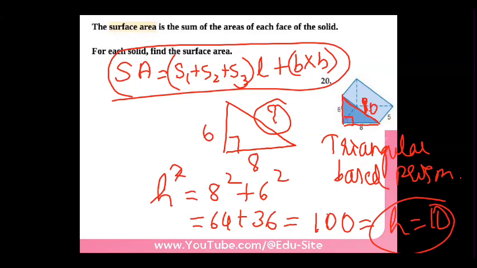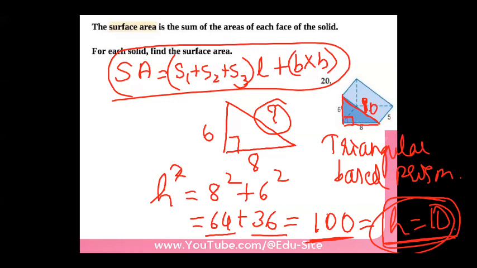What is 8 square plus 6 square? 8 square is 64, 6 square is 36. So you add them. 64 plus 36 is 100. What is root of 100? 10. What is side 3 now? It is 10.